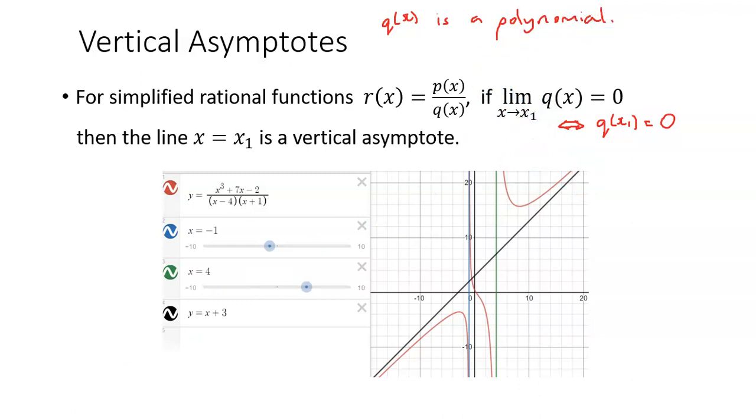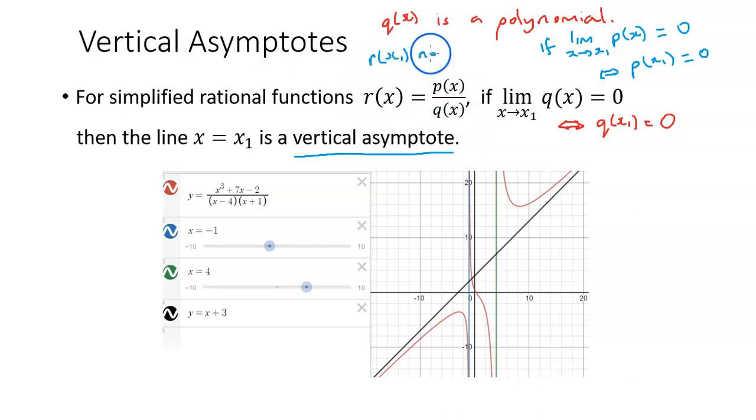Okay, now you might be sitting there going, well, what about p of x? So if the limit as x tends towards x1 of p of x also equals 0, so that's true if and only if p of x1 equals 0, then well, maybe the function is not defined, so maybe r of x1 is not defined, but if p of x is also getting close to 0 as q of x is getting close to 0, maybe the whole thing is getting close to 1 or 2 or something.